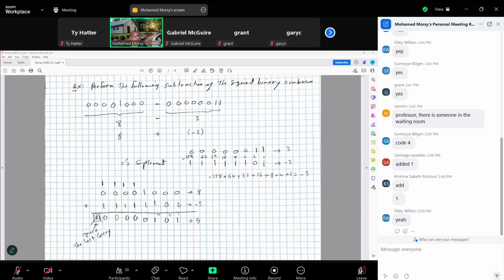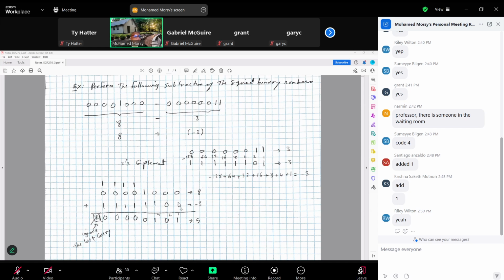So now, when we add this plus this, it gives us the result of the subtraction. We put the first one here, 0, 0, 0, 0, 1, 0, 0, 0, and the two's complement format, this one, 1, 1, 1, 1, 1, 1, 0, 1.